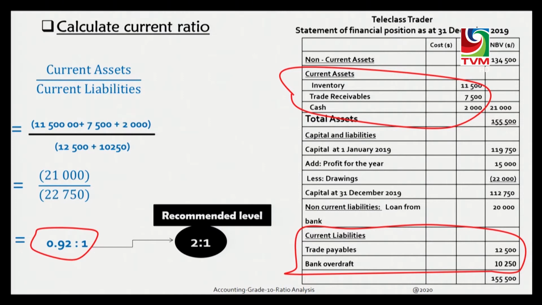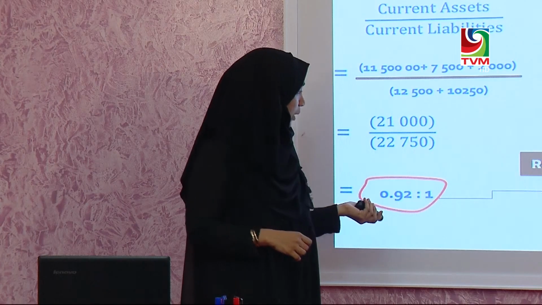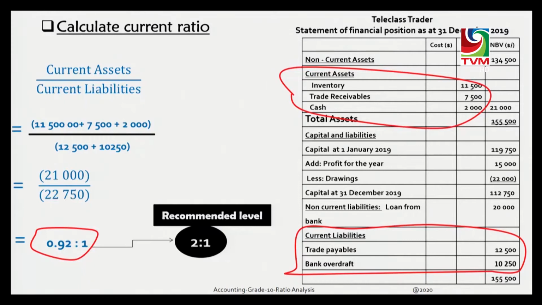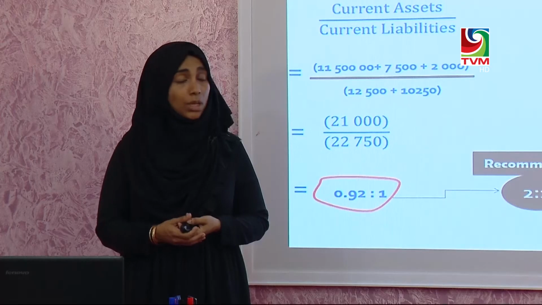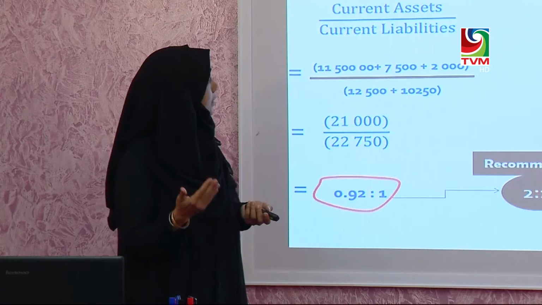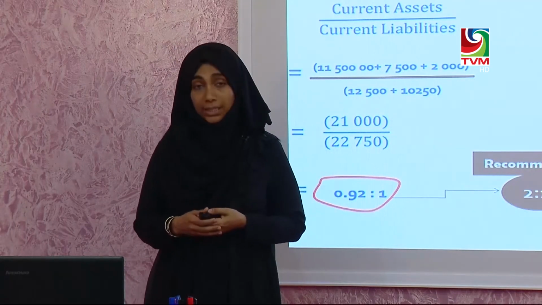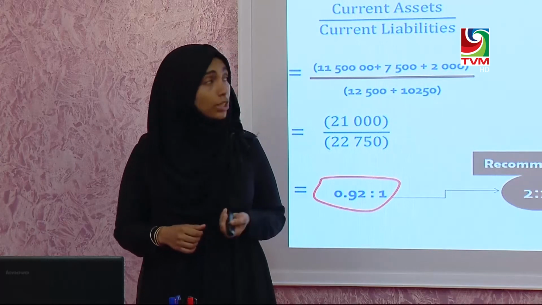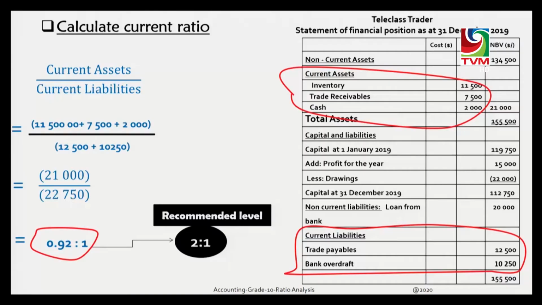So in this business, their current ratio is below the recommended level of 2:1. So what might be the reason? We can say that current assets are less than the current liabilities, but that answer is more general, right? So in order to write a specific answer, let's look at the statement of financial position.